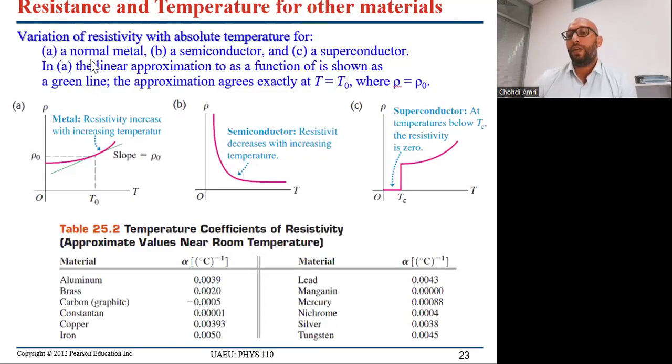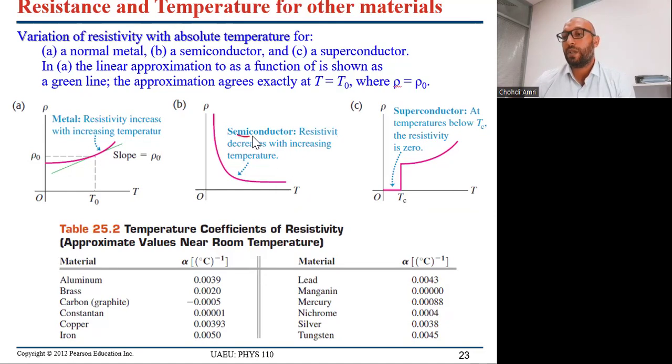Based on the variation of the resistivity as a function of the temperature, we have different types of material. In the first figure, the resistivity increases with the temperature. These kinds of materials are called metals. The resistivity increases with the increasing of the temperature. In the second type, the resistivity decreases with the temperature.